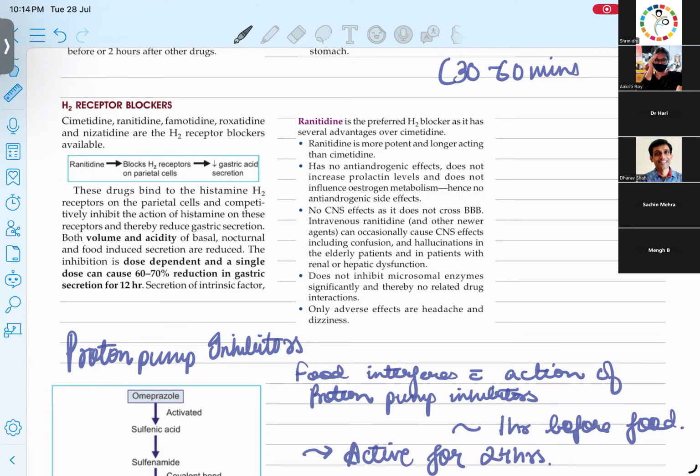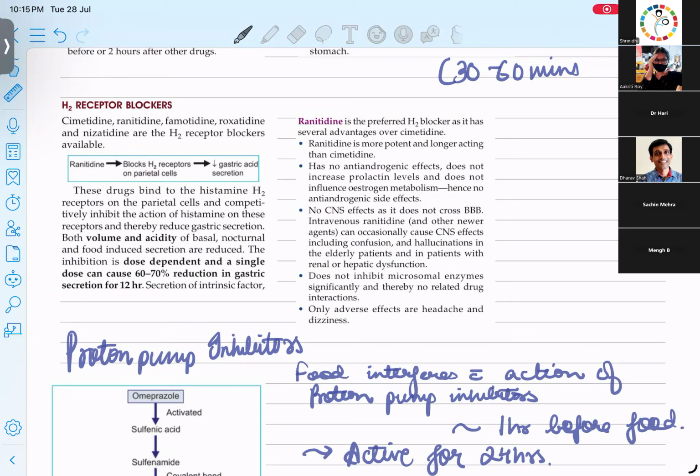Ranitidine is a preferred H2 blocker over cimetidine because it is longer acting, first of all. Then we might know cimetidine has also anti-androgenic effects. So ranitidine does not have anti-androgenic effects, does not increase prolactin levels, and does not influence estrogen metabolism.